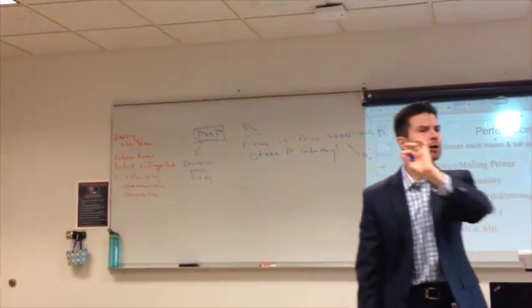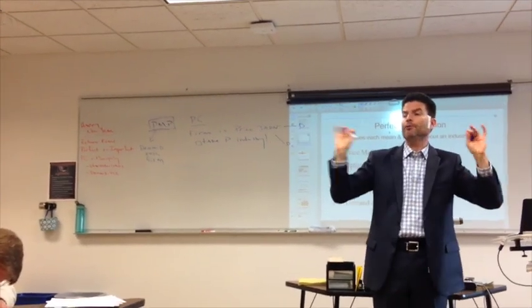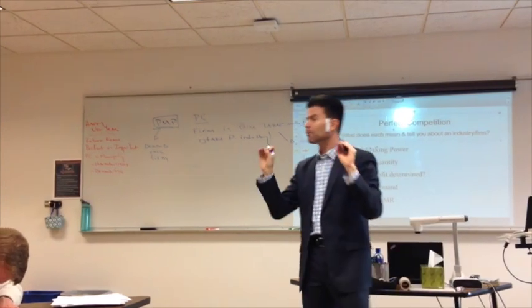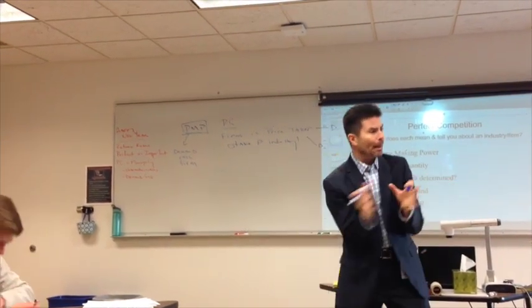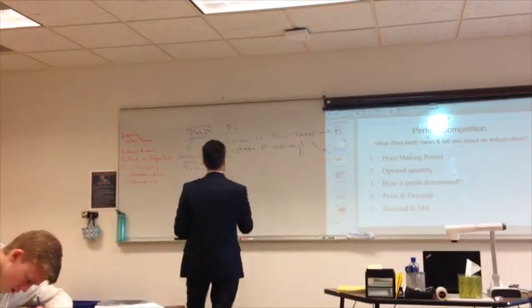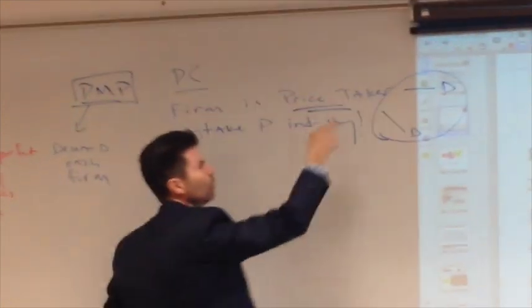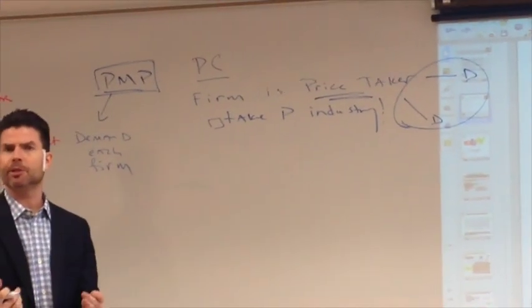So anytime you hear a price taker, that means that the demand is perfectly elastic because they're taking the price from someplace else. That's only perfect competition. That's the only time that you will find that. From here on out, we probably won't talk about price takers. We're only going to talk about price makers. So if I'm a price taker, that means I have 2 different demand curves for the firm and the industry.